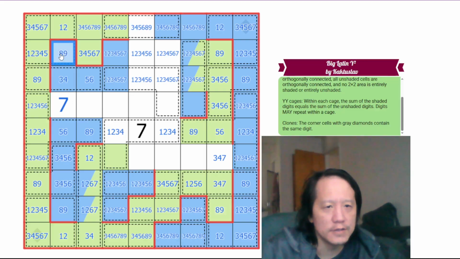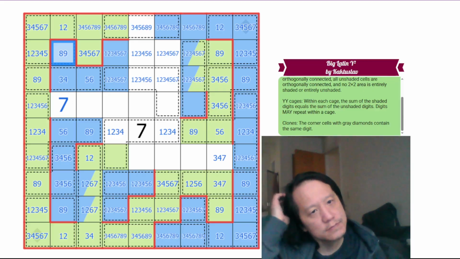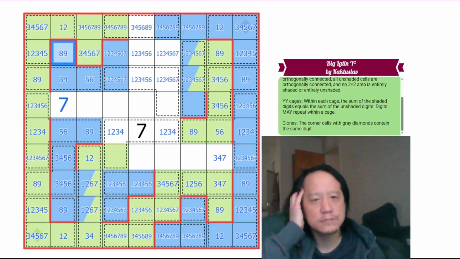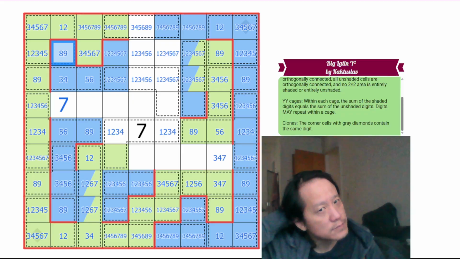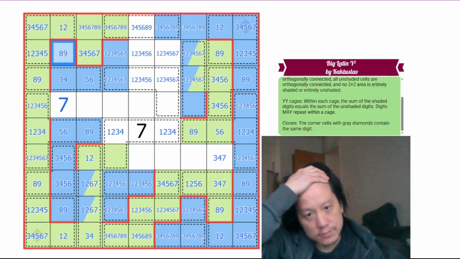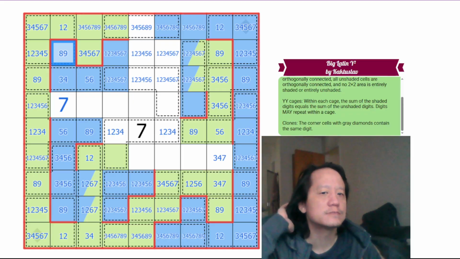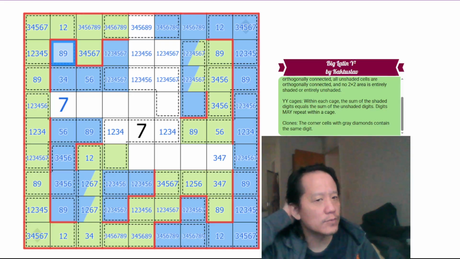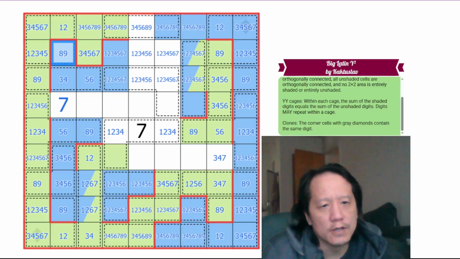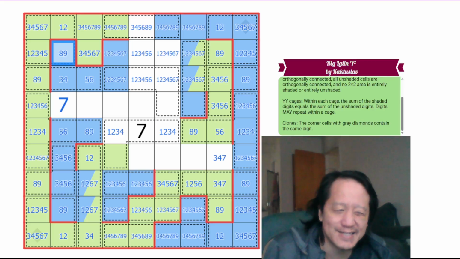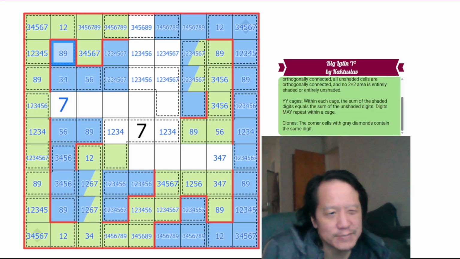Okay. These have to be the same digit. Okay, let's mark 5 6s. Maybe? Okay.